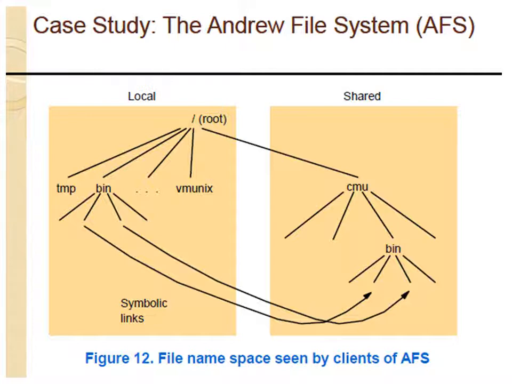The top is root, and the root has some subdirectories: temp, bin, vm, unix. That bin directory is connected with the bin directory in shared files, and the shared files have a CMU directory. That CMU directory will have a bin directory.